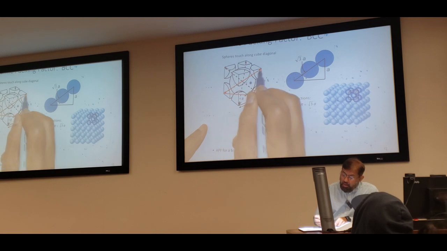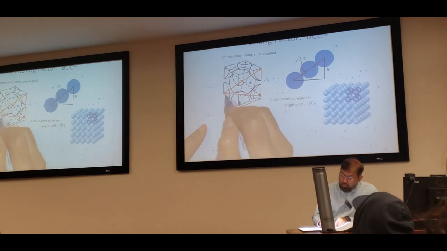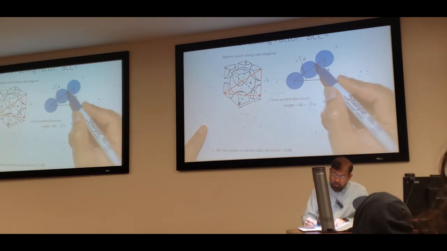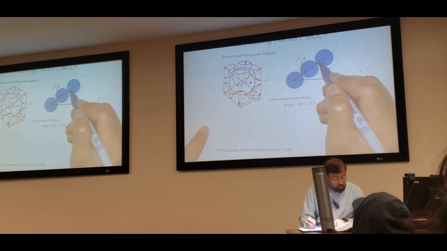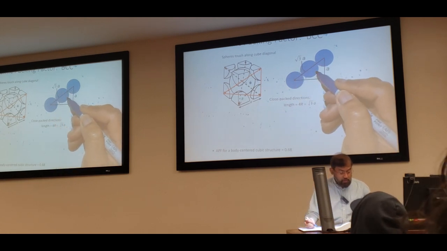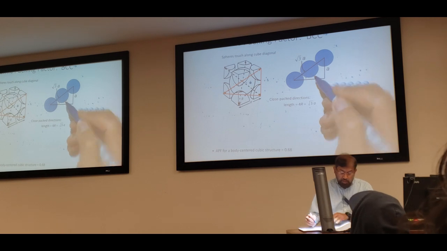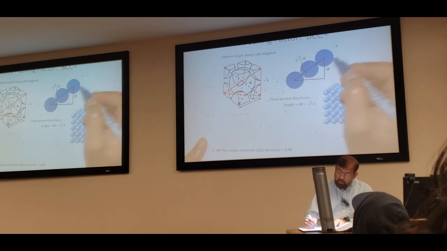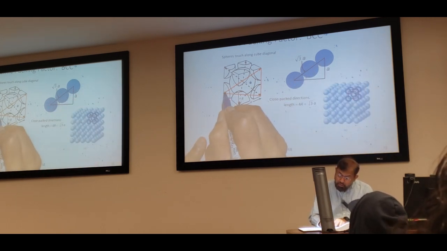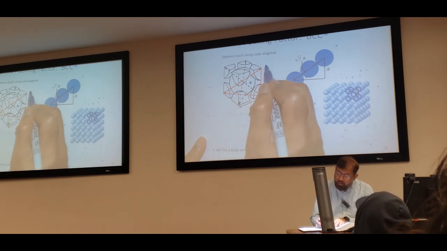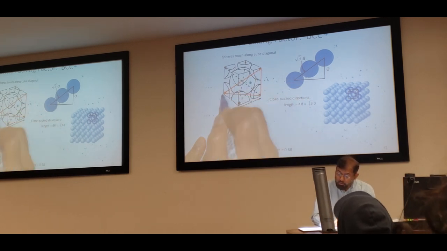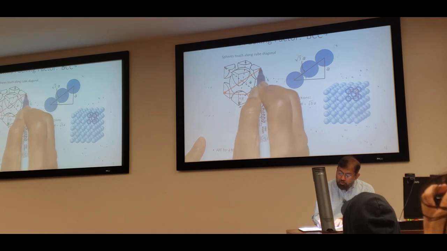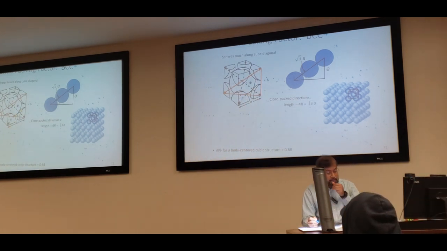So we can say this is root 3 a along this axis. You need to imagine it going through the unit cell, through the central atom to this side.